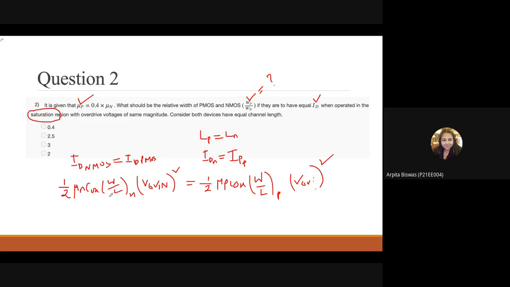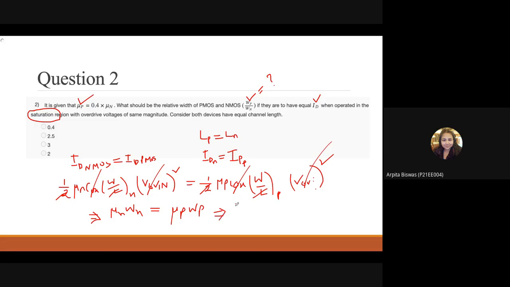So what is the condition given here? L is equal, right? So this will be cancelled out, and this overdrive voltage also. Half is cancelled out, and then the COX also, because both are in saturation, so COX also cancels out. So what is here? mu n into W for n equal to mu p into WP. So we have to find out this WP by WN.